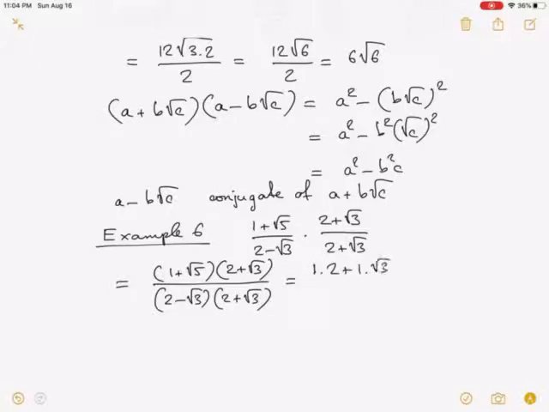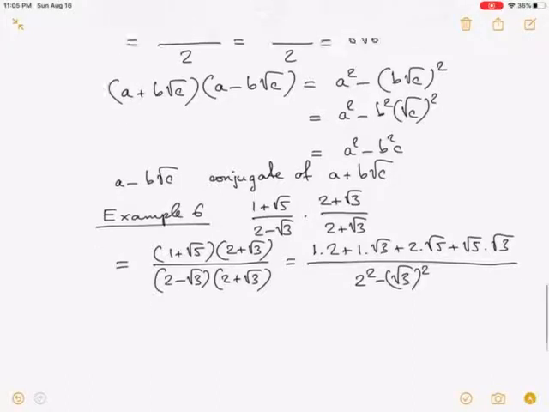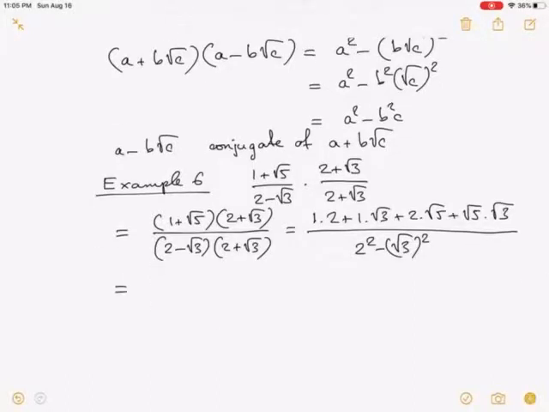So this is 1 times 2 plus 1 times square root of 3 plus 2 times square root of 5 plus square root of 5 times square root of 3. And here we divide by 2 squared minus square root of 3 squared.